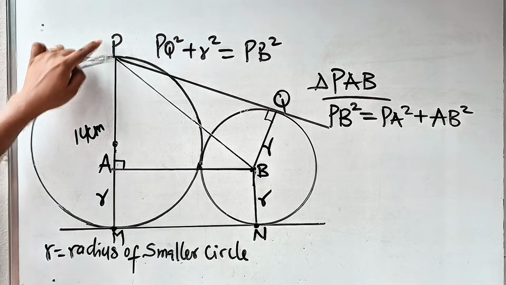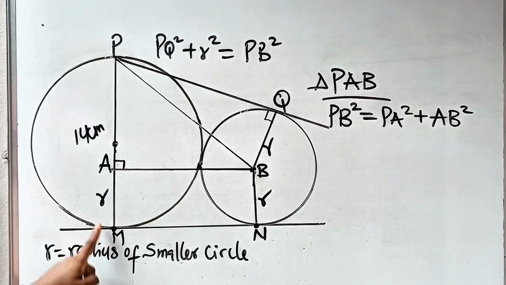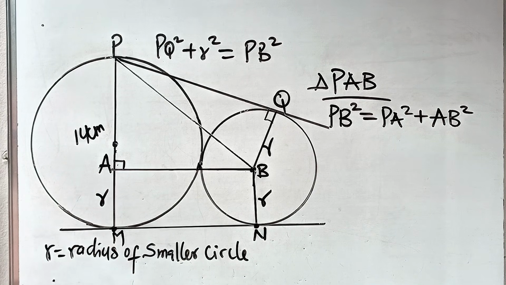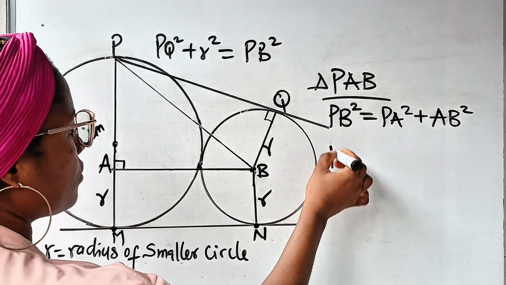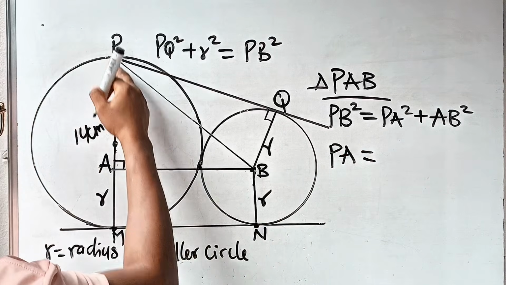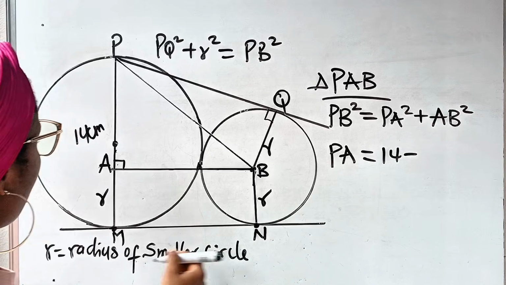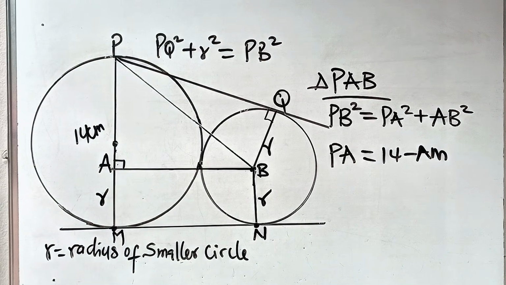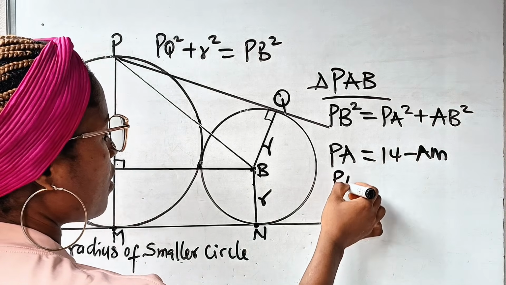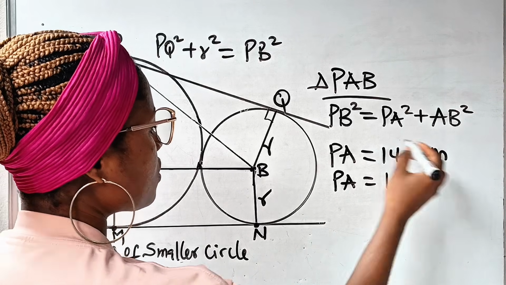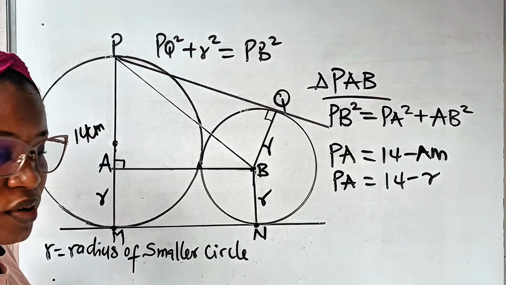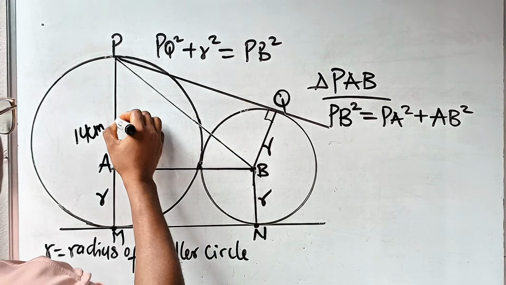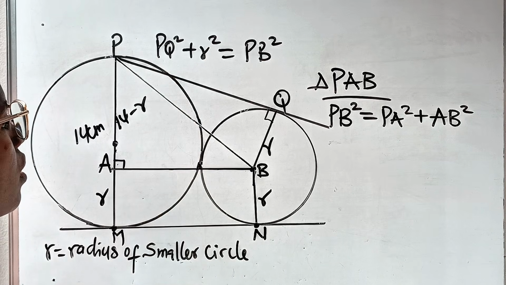If PM is 14 cm and AM is R, it means that PA should be equal to 14 minus AM. So PA will be equal to 14 minus the small r.